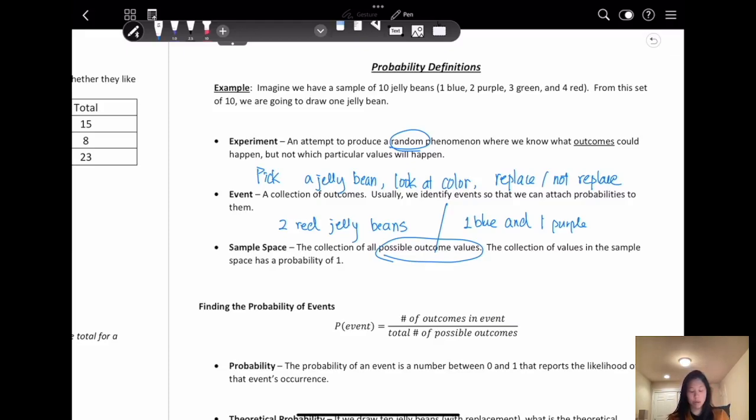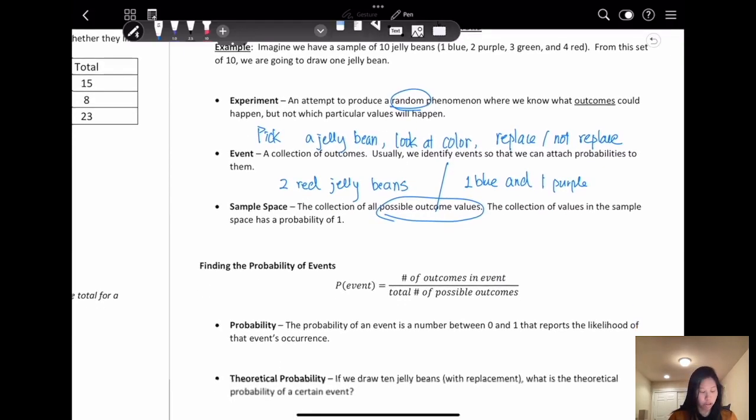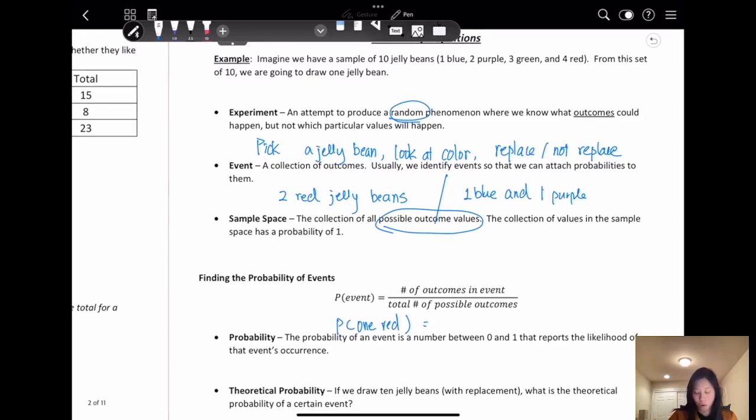Okay, now finding the probability of an event. The probability of an event is equal to the number of outcomes in the event over the total number of possible outcomes. For example, if I want to pick 1 red jelly bean, what will be the probability? The number of outcomes in the event: there are 4 red jelly beans.